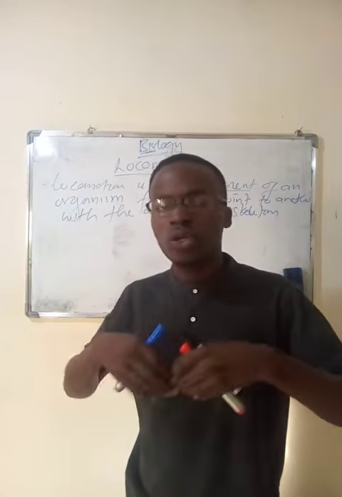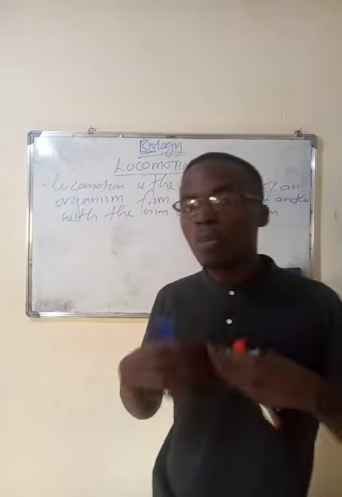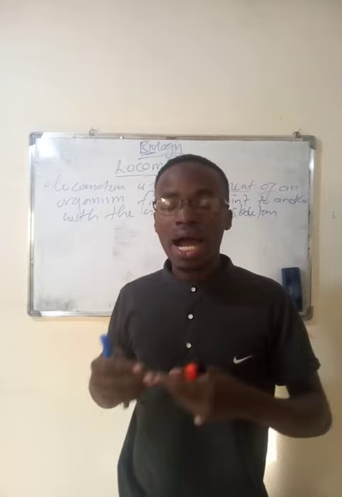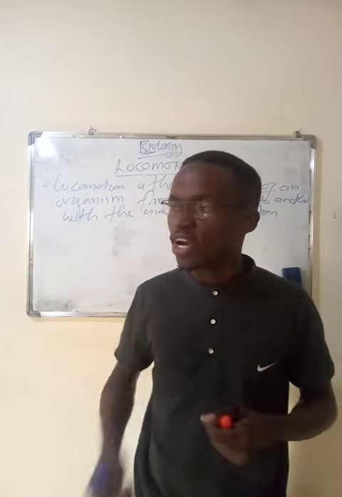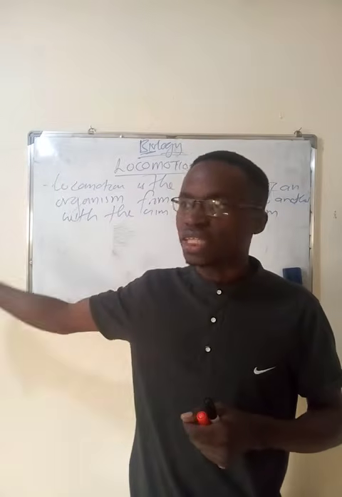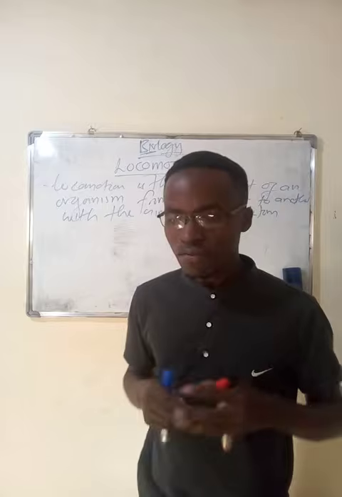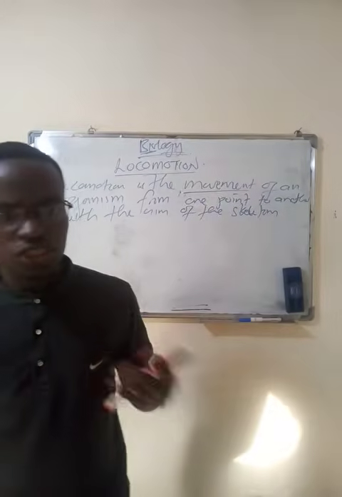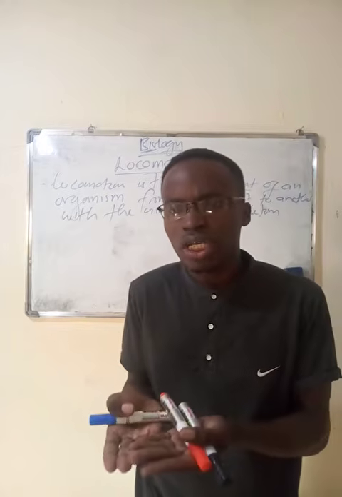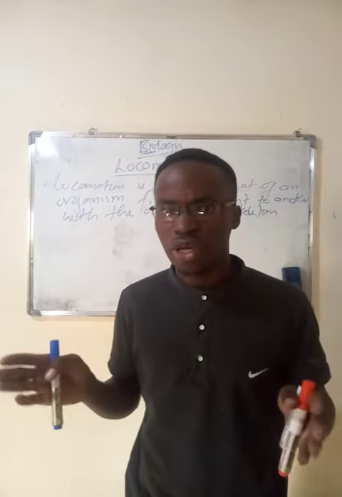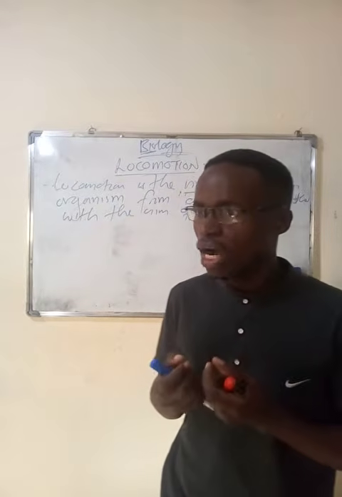It may not involve the whole body of the organism. It may actually just involve one part of that organism. For example, my hand is like this, and then I move it like that. That is movement on its own, right? If I'm here, I go to another point, that is movement as well. So locomotion falls under the umbrella of the word movement. It's more like a subset of movement.